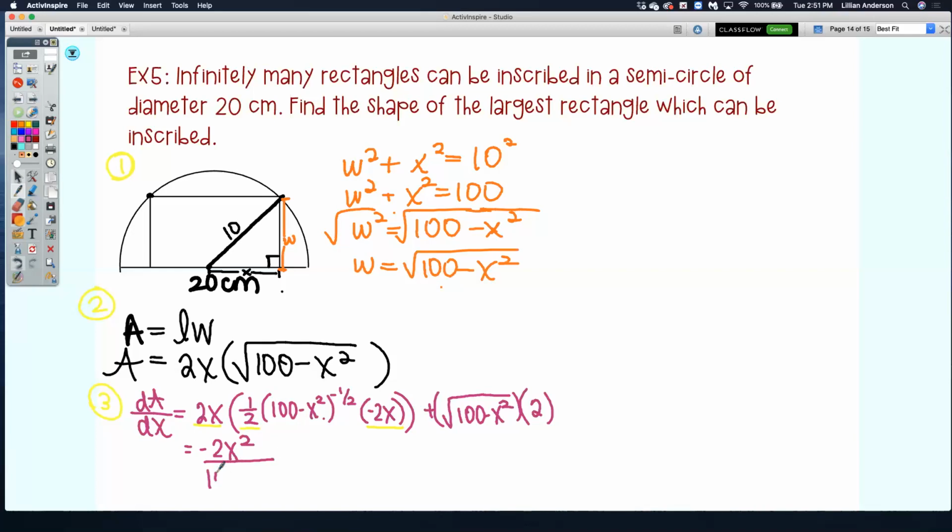This 100 minus x squared to the positive 1/2 comes to the denominator. And then I have a 2 square root of 100 minus x squared as my derivative.